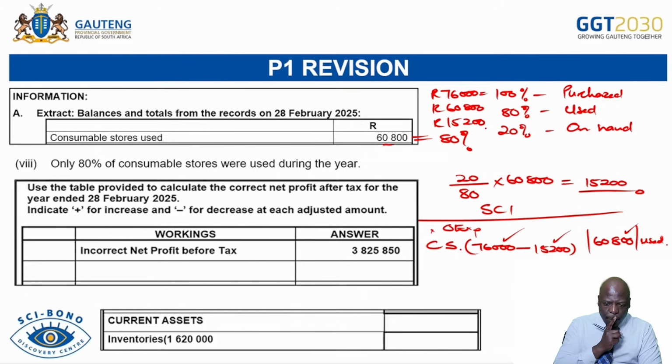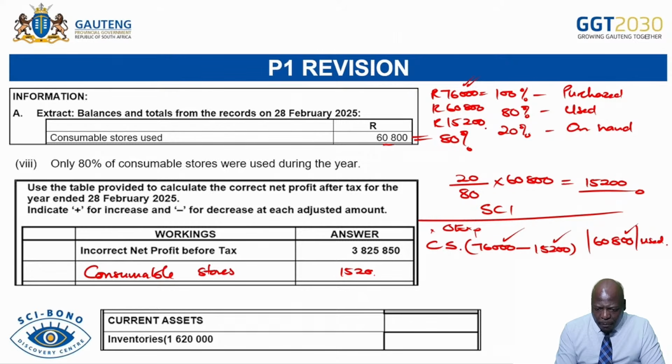Now, if an error has happened, it would mean that they recorded the entire 76,000. So in order for us to correct that, our expenses were overstated. Therefore, profits were understated. It would mean that we would come here and say consumable stores, and we're coming to record the 15.2.